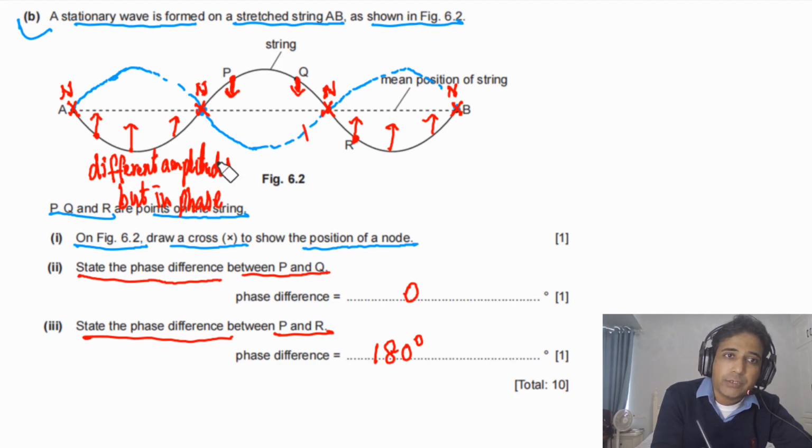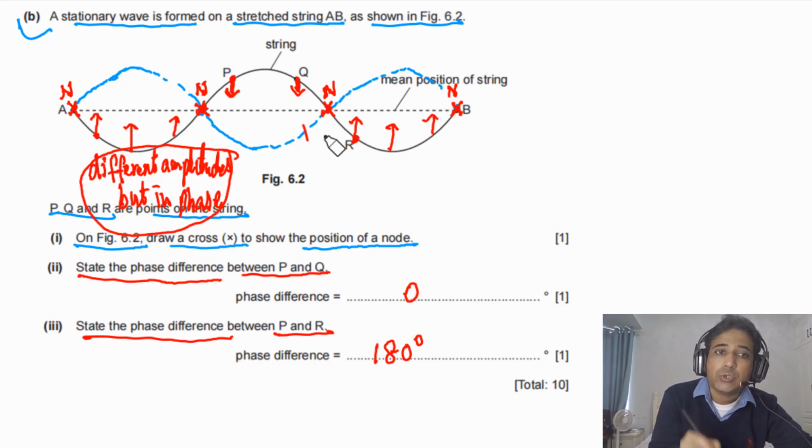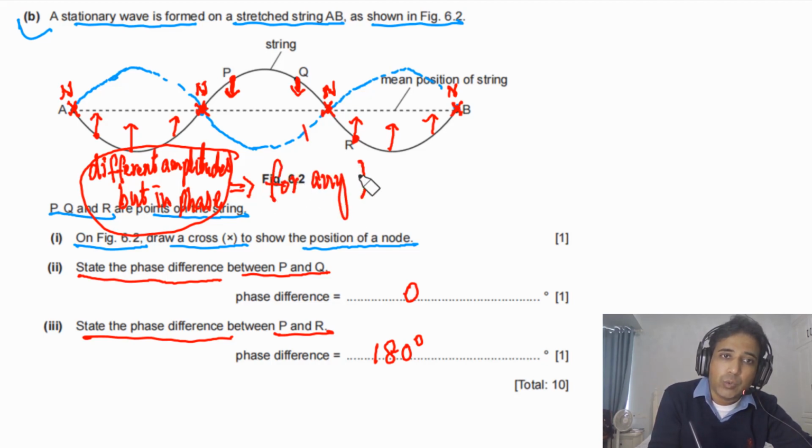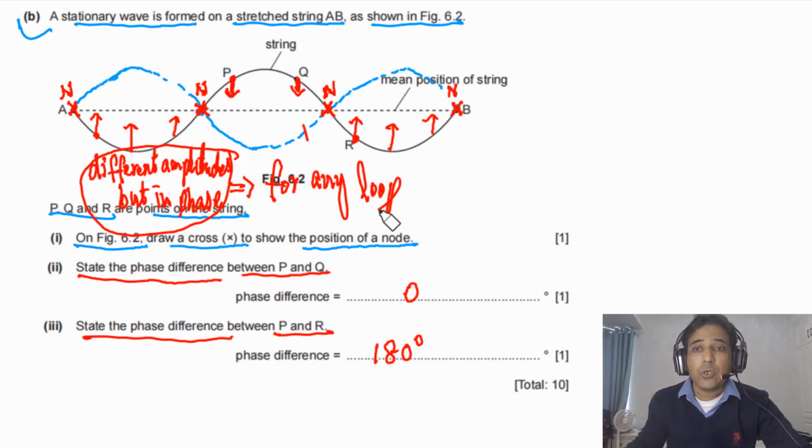These are the points you need to understand between here and here. Then the same is true between these two nodes. So this is true for each loop, for any loop. This is true for all.